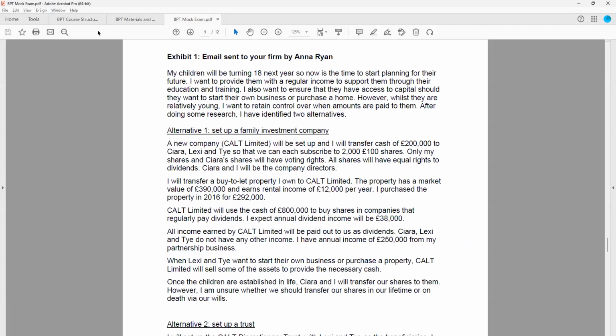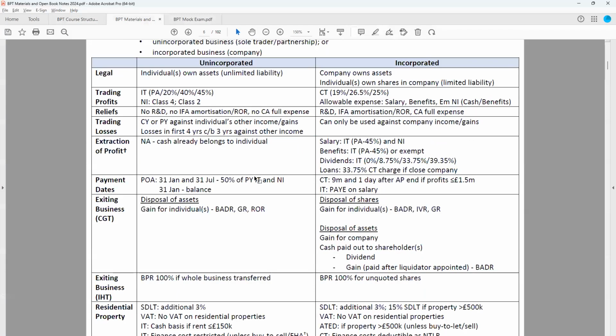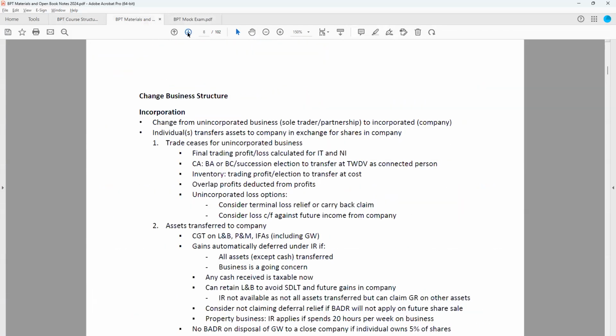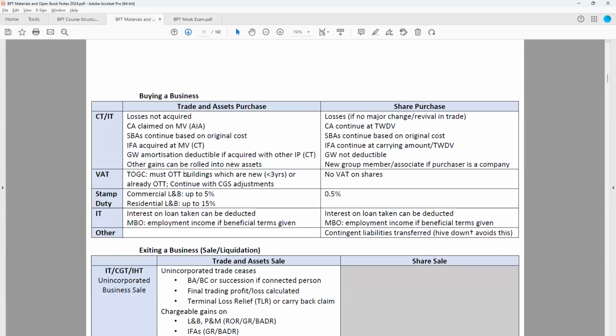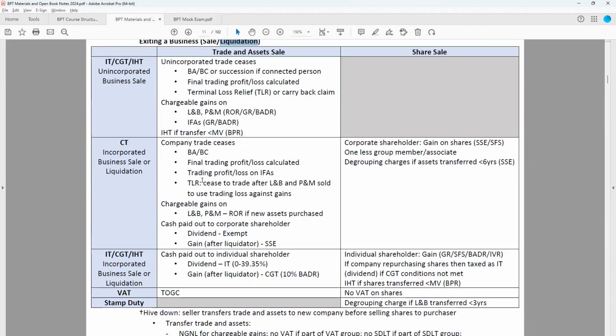And this will really help you during your whole study phase, because you'll start to see the similarities between topics, like the similarities between a liquidation and a sale of a trade and assets, and you'll realize that when somebody's exiting a business and they sell the trade and assets or they liquidate the company, these are very similar in terms of the steps that you'll go through.